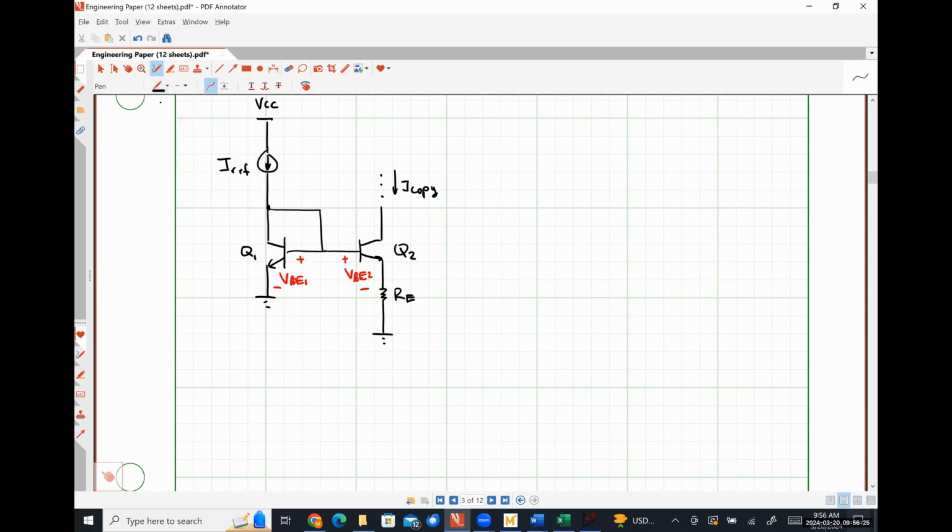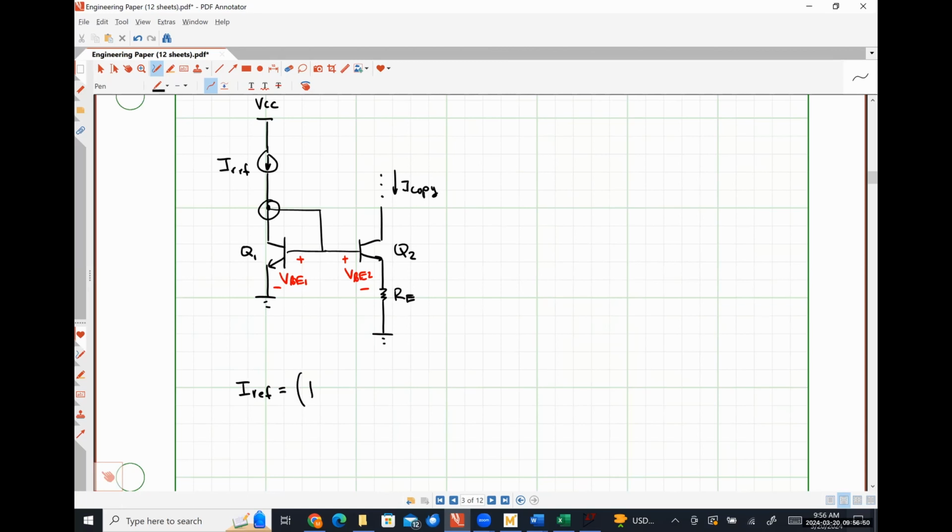So if I apply Kirchhoff's current law at this node, I can easily see that I reference is going to be effectively just the emitter current of Q1, right? So I'm going to have the base current and the collector current. I'm just going to lump those together.